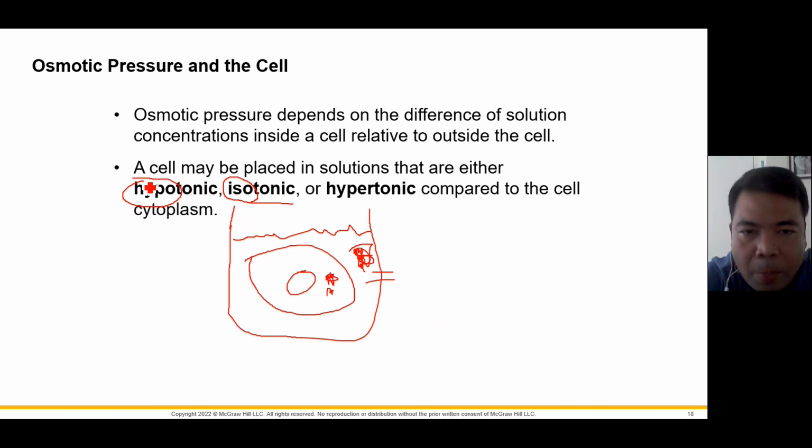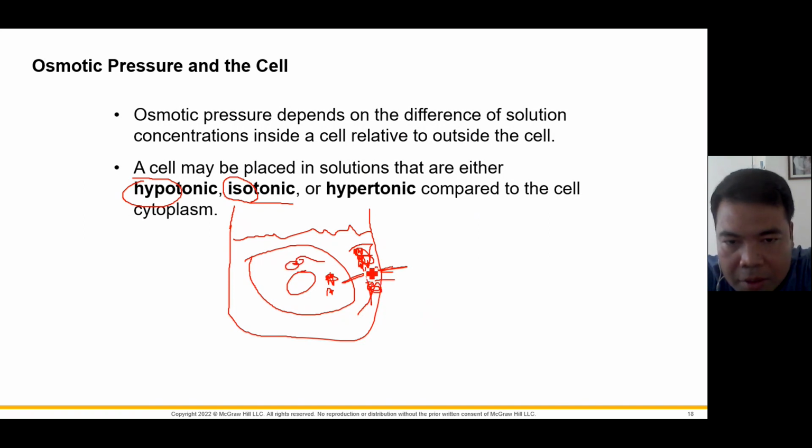And if the solution found in the outside of the cell has greater concentration and has greater tonicity as compared to what is found in the cytoplasm sa loob, this solution is said to be hypertonic. Kasi greater.